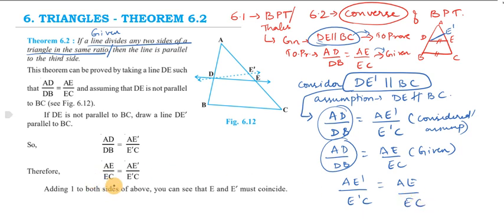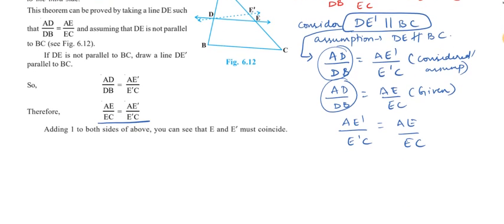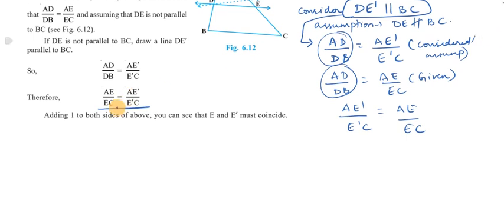So till this point it is given even in our textbooks, and after that the proof is not completely given. So here I'll discuss the proof completely so that you understand it without any further doubts. So for this, what are we doing here? We are adding 1 to both sides.